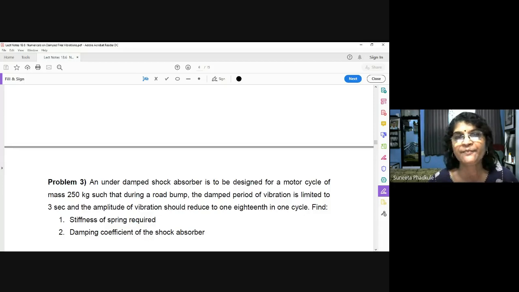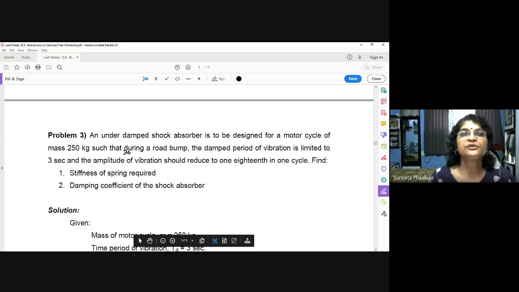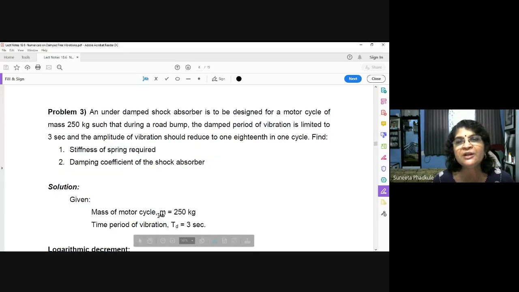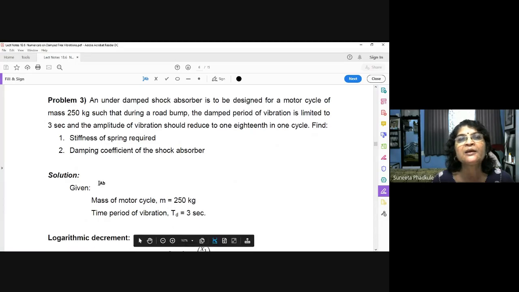So, an under-damped shock absorber is to be designed for a motorcycle of mass 250 kg. That means mass is given, 250 kg. Such that during a road bump, that is a speed breaker, the damped period of vibration is limited to 3 seconds.